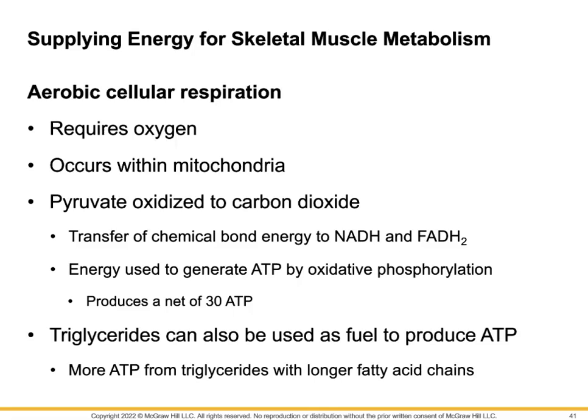We net a couple of ATPs, okay? Now, that's anaerobic respiration. Oxygen not required. It's happening in the cytosol. But if we want to make enough ATP to really fuel our bodies, it requires the oxygen-using process of aerobic respiration in the mitochondria. So glycolysis results in pyruvate.